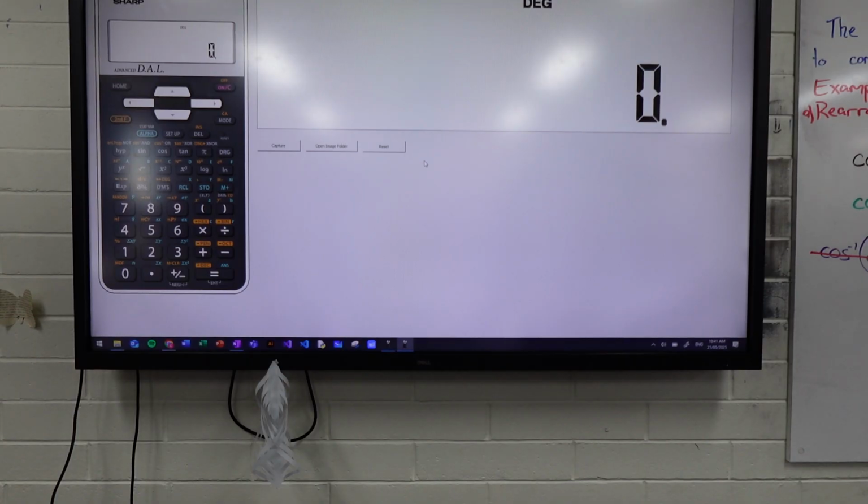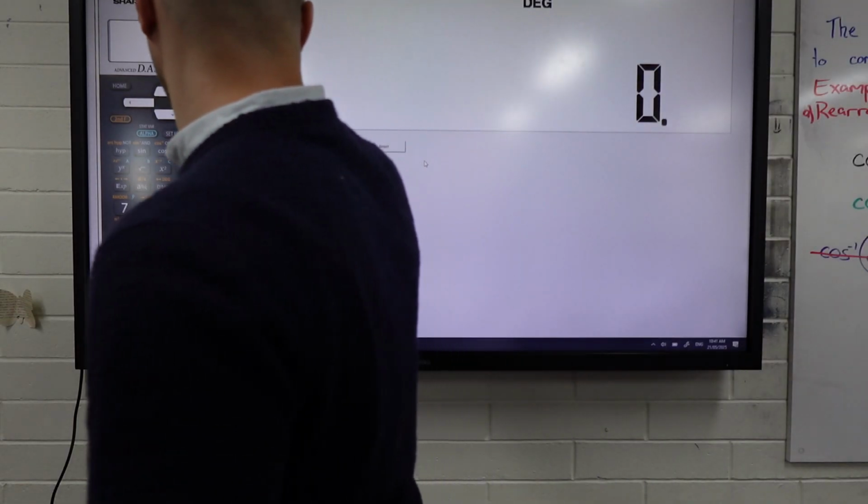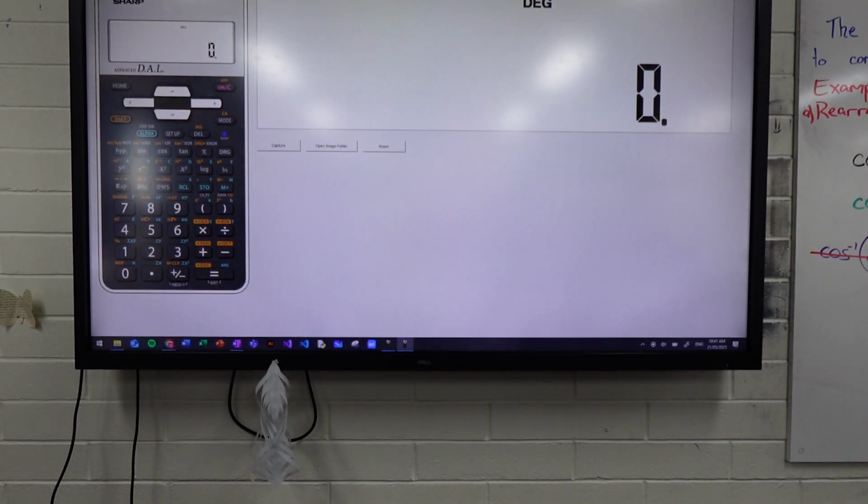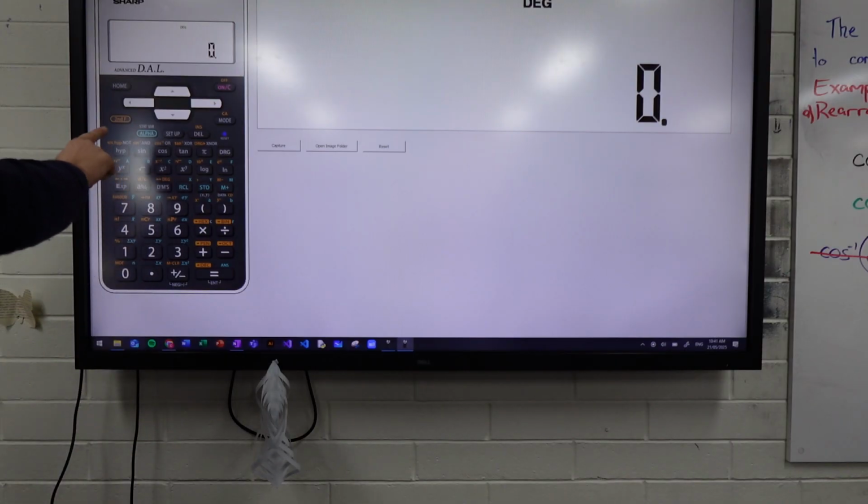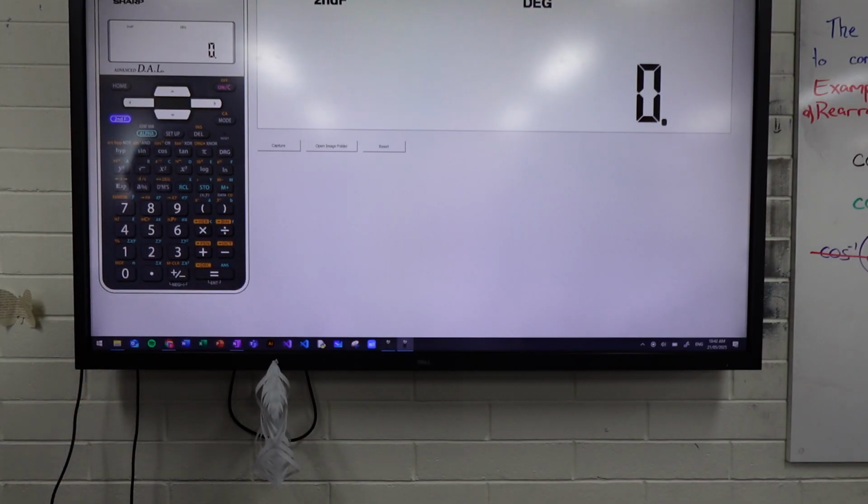When we go for our calculator on the first calculation of the day, what do we press? Reset. Always make sure you press the reset button, guys, because you don't know what the person before has done to it. Next, we have to go into the second layer on our calculator. To do this, we go second F, so this button here.